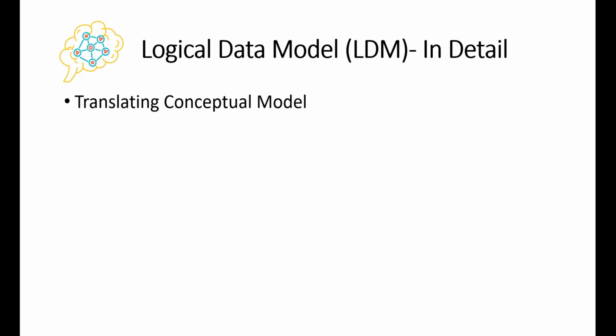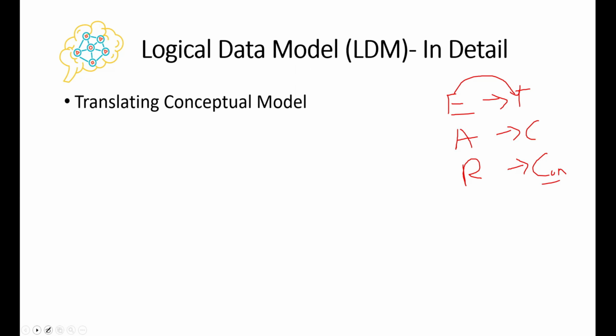But whatever we were calling an entity, we now call a table, whatever we were calling attributes, we now call columns, and relationships we now call constraints. So that's the difference, and that is where we start converting CDMs to LDMs.